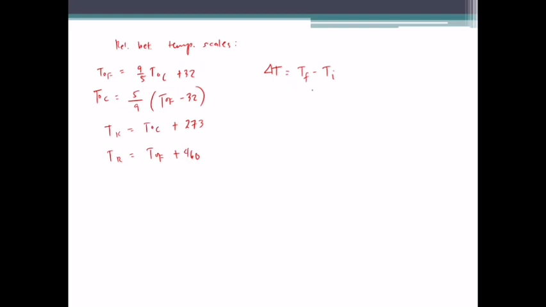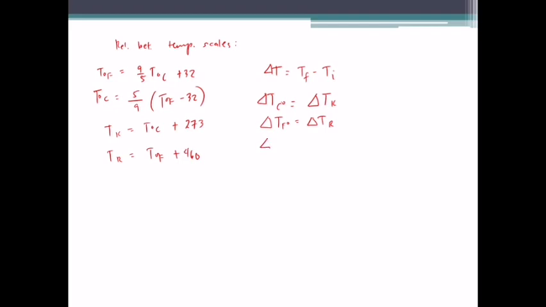Now, for the relation of delta T, the degree symbol placed in front of the Celsius indicates that it is a change in temperature. The change in temperature in Celsius degrees is equal to the change in temperature in Kelvin. The temperature change in Fahrenheit is equal to the temperature change in Rankine.